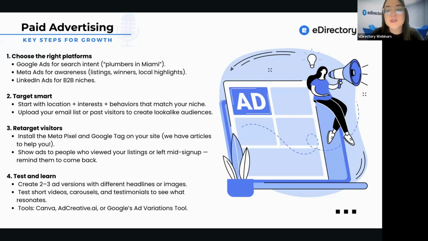So doing retargeting is super important. This helps you show ads to people that viewed your site but didn't do anything. So you're reminding them of your website, of everything that you have. So it's a good way to bring them back and close a deal, right? So this is super important. Please make sure to check our support articles to install Google Tags and Meta Pixel, etc.